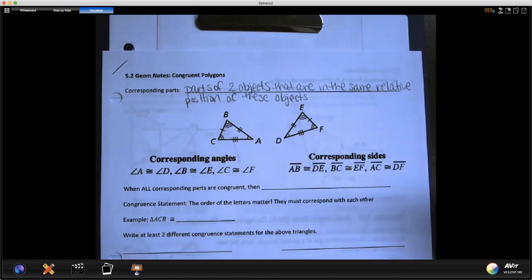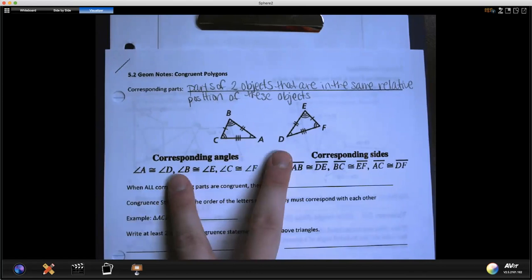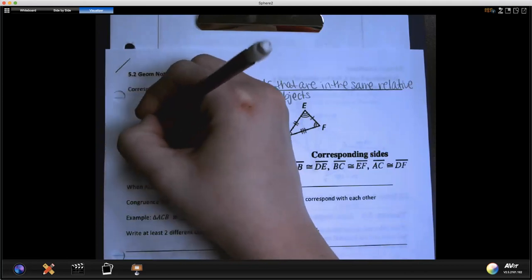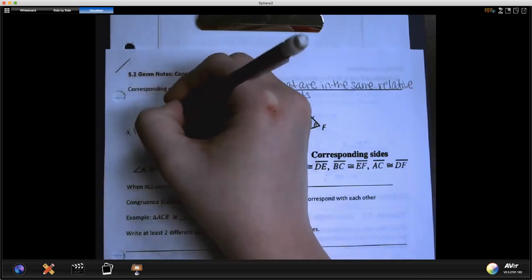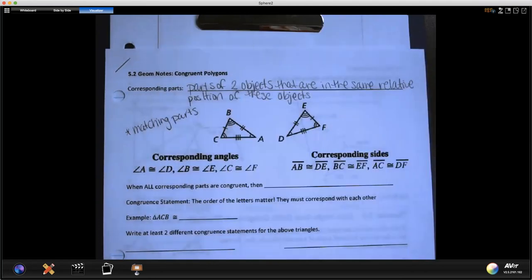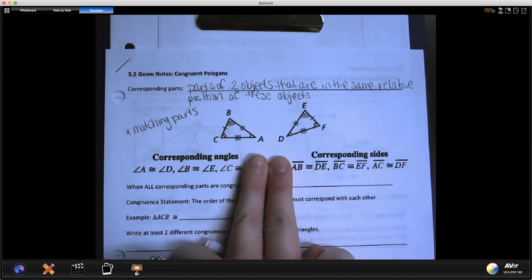Okay, so in reality, what we're looking at is matching parts. So we want to make sure that we have matching parts. Then if we're looking at our triangles, they're not facing the same direction, right?